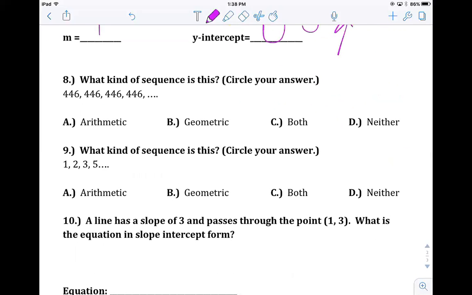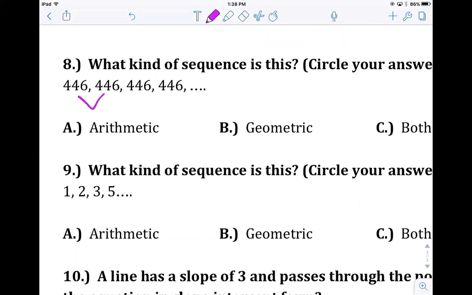So we're going to move into our sequences. So problem 8, we want to see, is it arithmetic, geometric, both, or neither? So we talked in class, if it is the same number repeated every single time, this is a both sequence, because you could add 0 each time and it would work out.